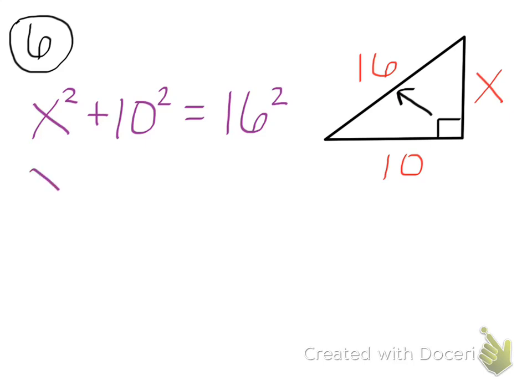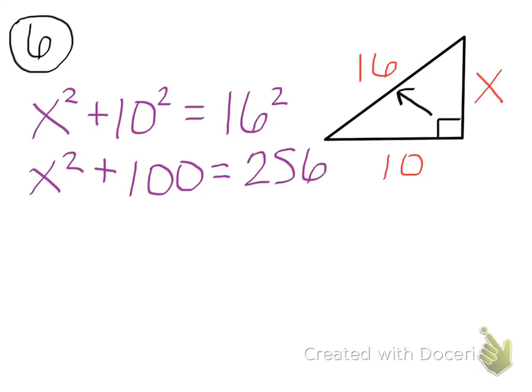Then we're going to write x squared plus 10 squared, which is 100, is equal to 16 squared, which is 256. So to get everything away from the x squared, we're going to subtract 100 from both sides.